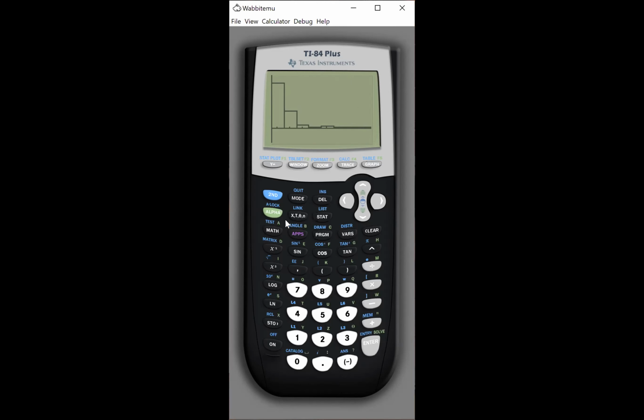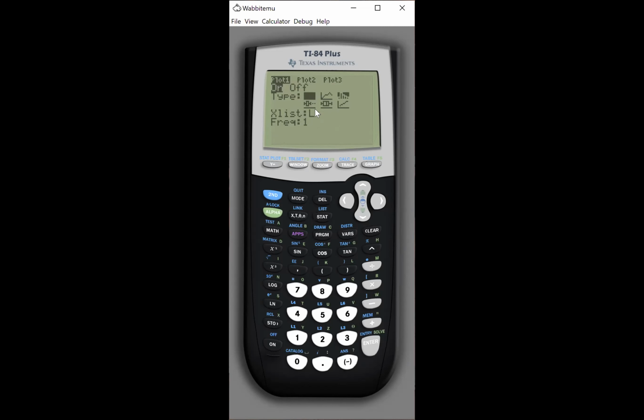All right, so let's pay attention to how to get to the histogram. For a histogram, you want to hit second, then y equals, and go to plot on. Make sure it is on.